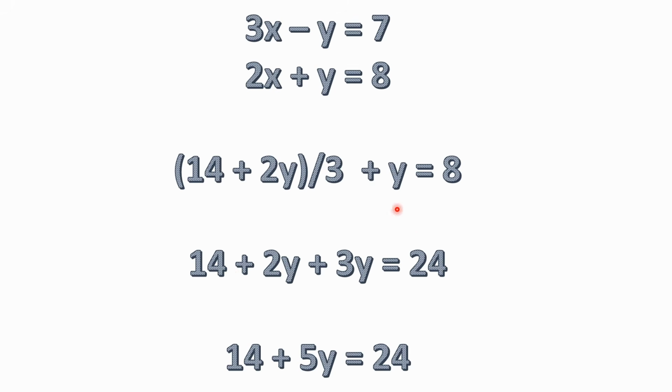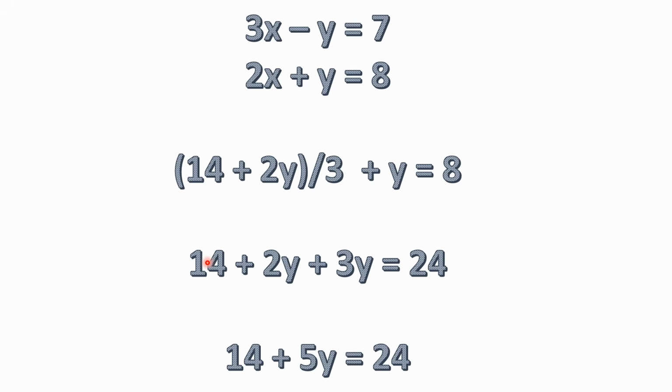In this case, what I did on this line here, I'm multiplying both sides of the equation by 3. So you can see up here where I have 8, if you multiply 8 by 3, you're going to get 24. If I multiply this left side by 3, that's getting rid of this denominator and making it look a little bit simpler, right?